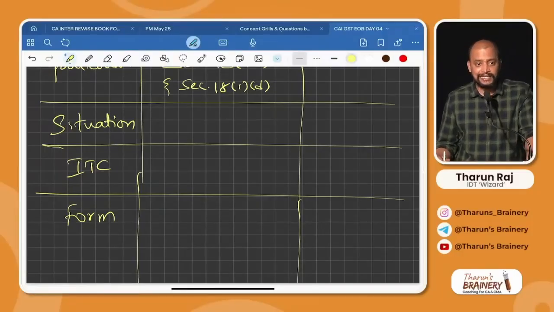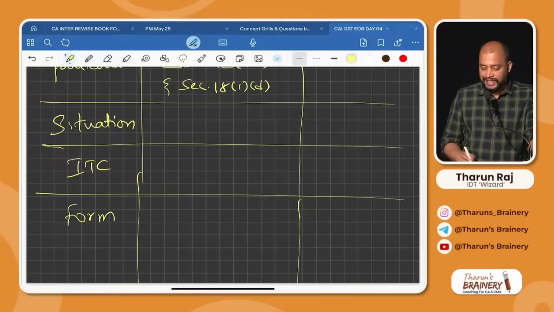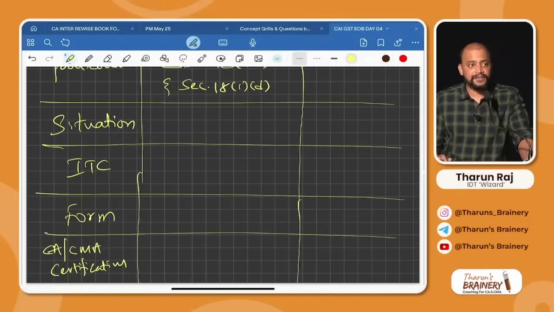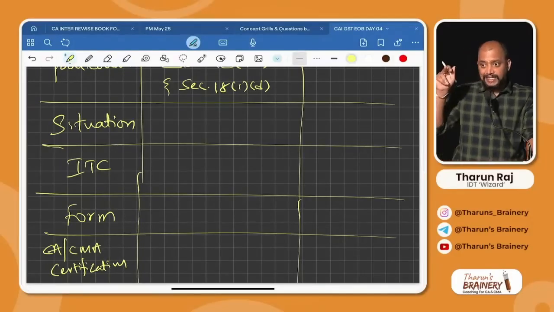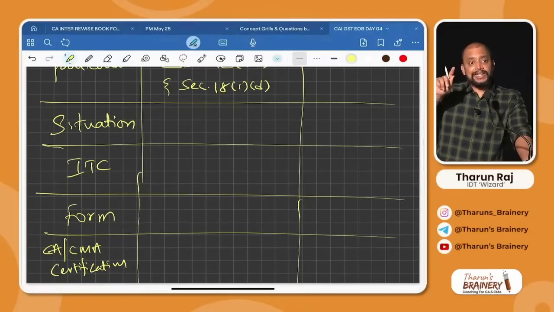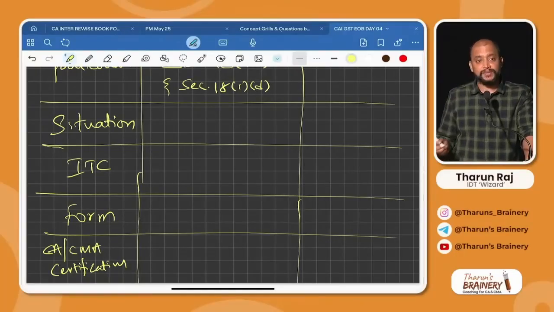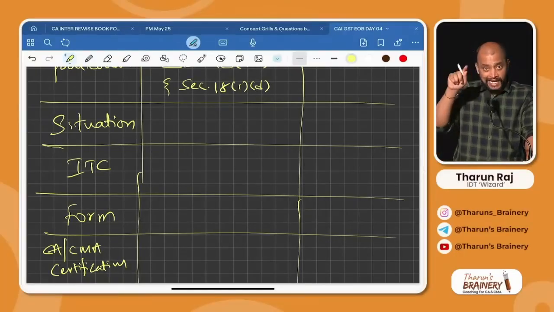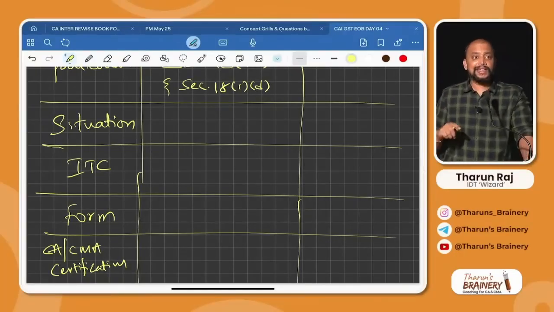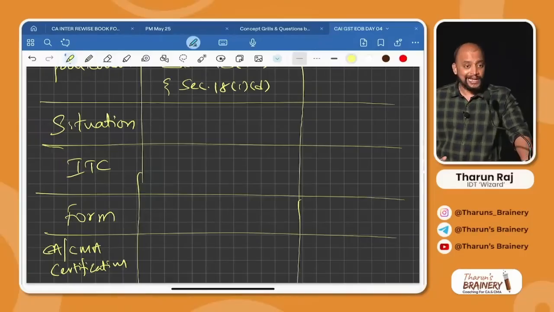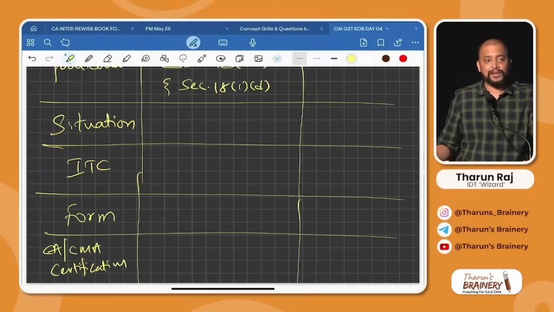Then CA CMA certification for 18(1)(c) and 1(d): yes, if ITC exceeds 2 lakhs. Here also yes, if ITC exceeds 2 lakhs. But in the next column, yes, if market value is replaced with invoice value, right? Yes, if market value is replaced with invoice value.